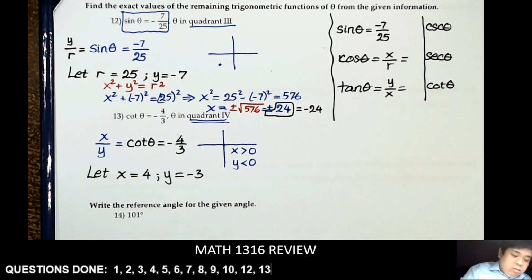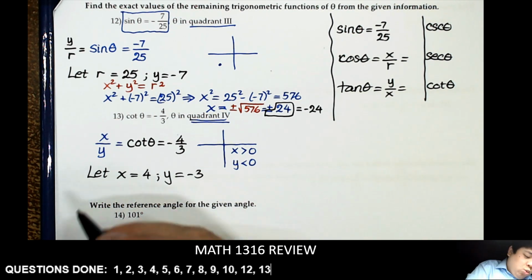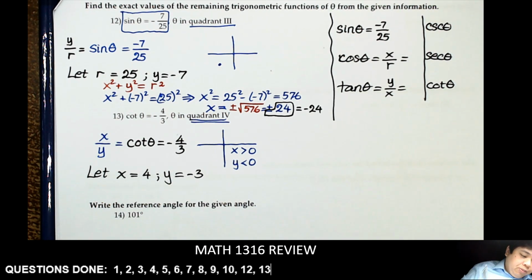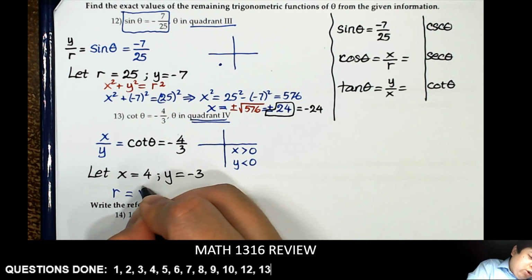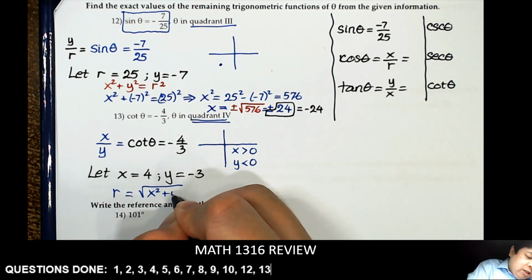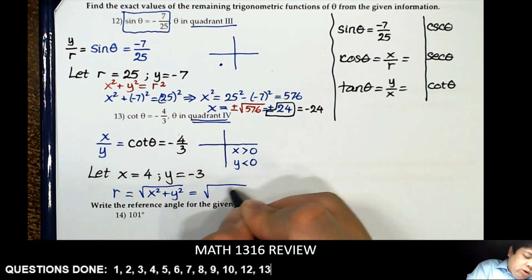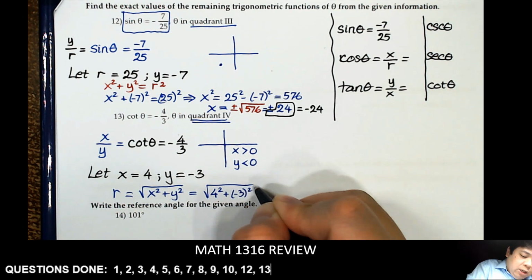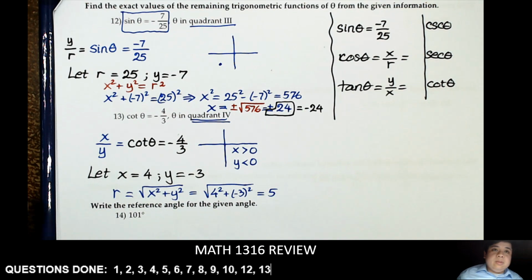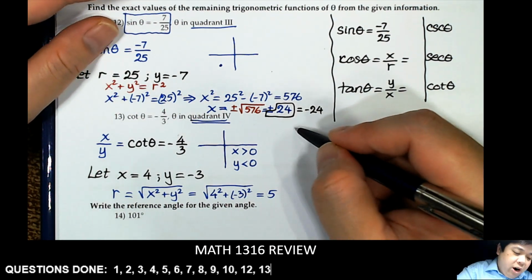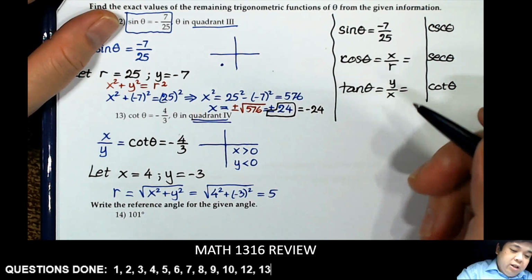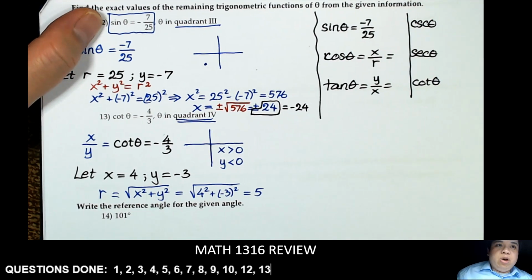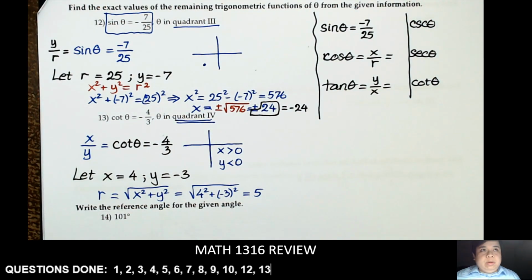And then x squared plus y squared equals r squared. So r equals the square root of x squared plus y squared, so the square root of 4 squared plus negative 3 squared. So that will be 5. We have x, we have y, and we have r. The rest we just find the 6 trigonometric functions, and that should be easy.